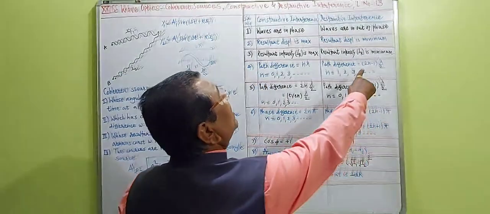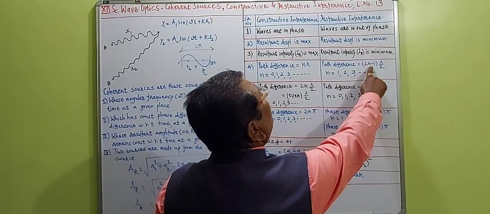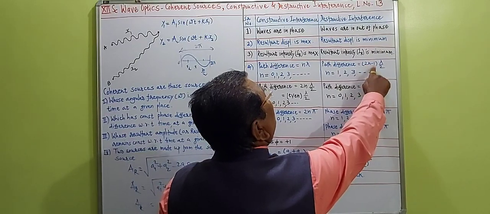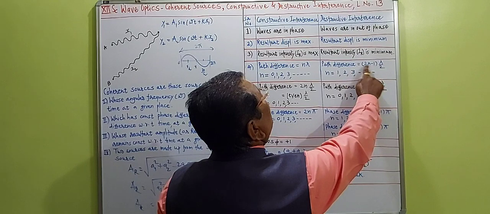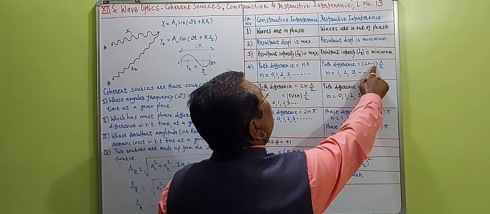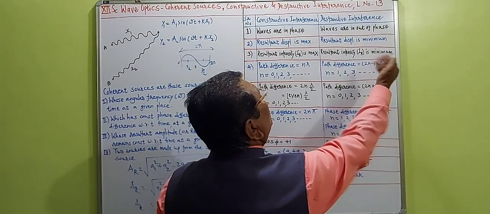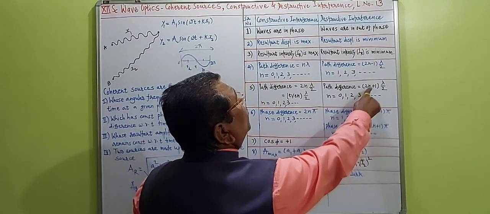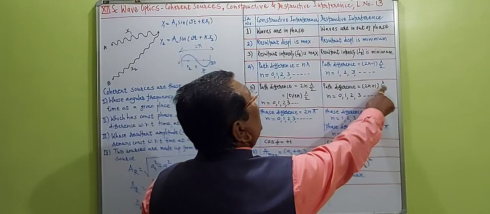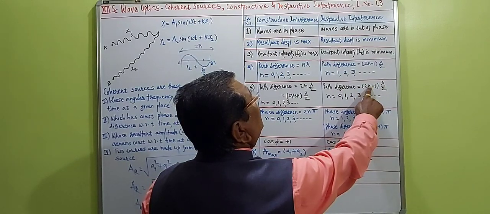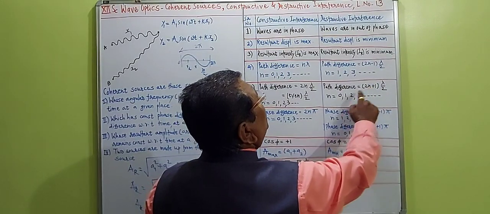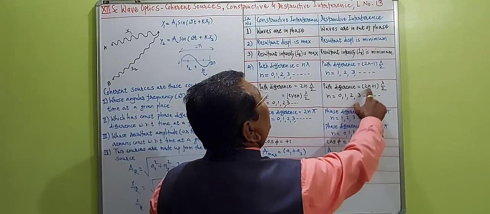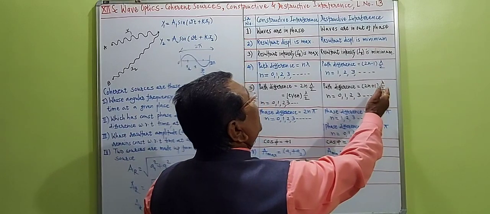So put n is equal to 1. 2 into 1, 2, 2 minus 1, 1 lambda by 2. Put 2 here. 2 into 2, 4, 4 minus 1, 3 lambda by 2. Then 5 lambda by 2, 7 lambda by 2. Here also we get the same. Put 0 here, we get 1 lambda by 2. Put 1 here, 2 plus 1, 3 lambda by 2. Put 2 here, 5 lambda by 2, 7 lambda by 2.